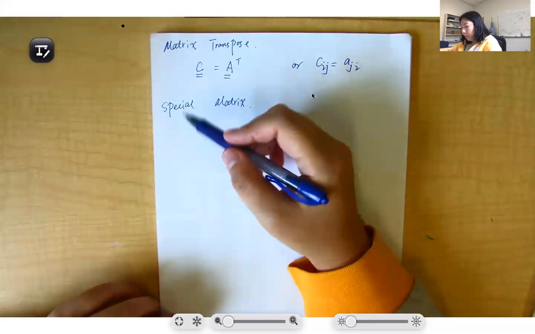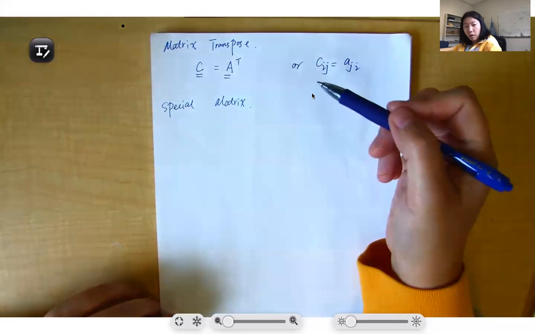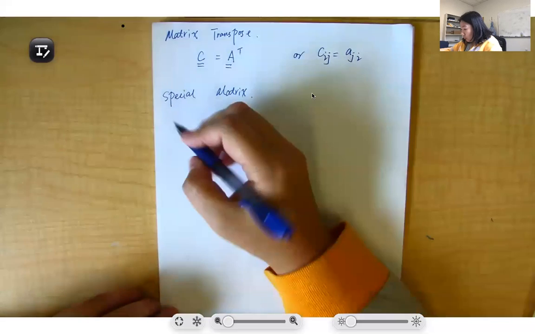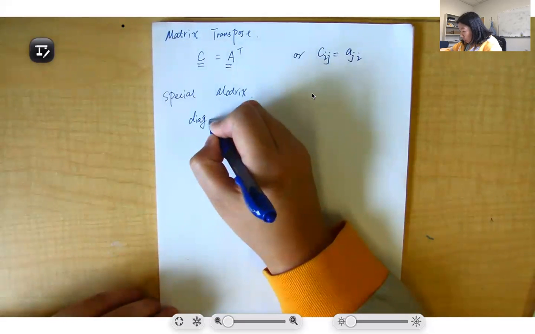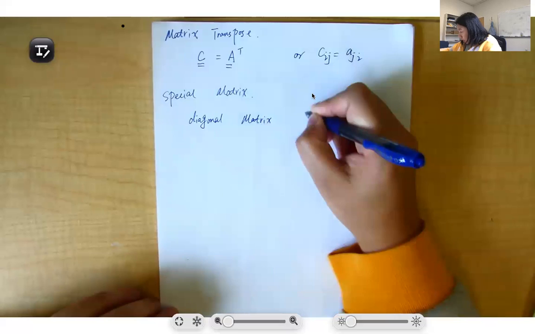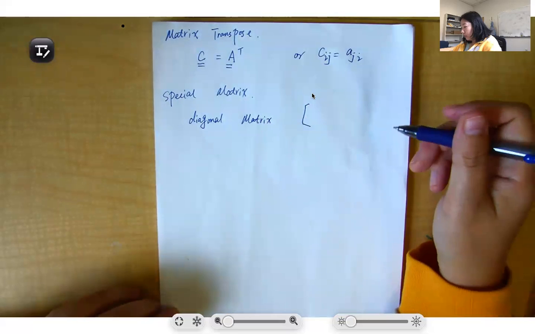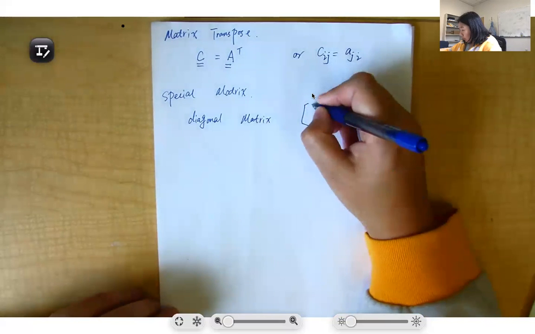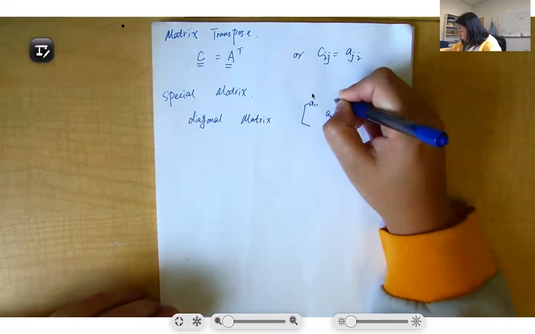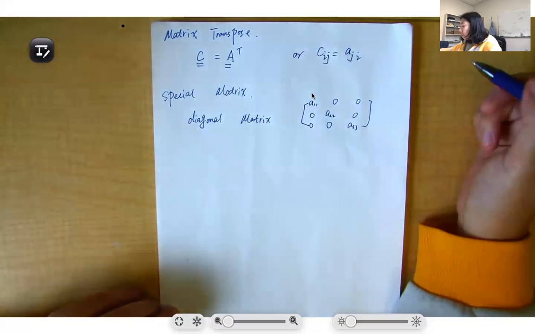There are some types of the special matrices I will introduce here, but more details you can refer to the printed out note. So for the diagonal matrices, for example, I just make a 3 by 3 matrix. So it will be A11, A22, A33. All the other terms will be 0 for diagonal matrices, okay?